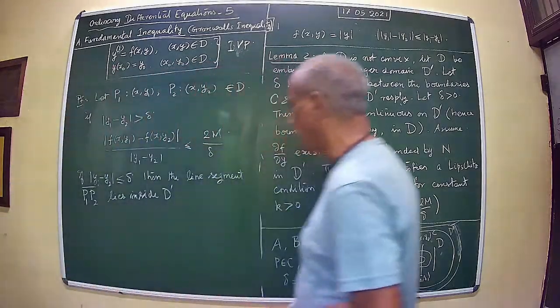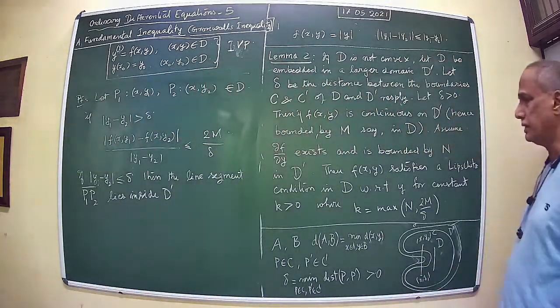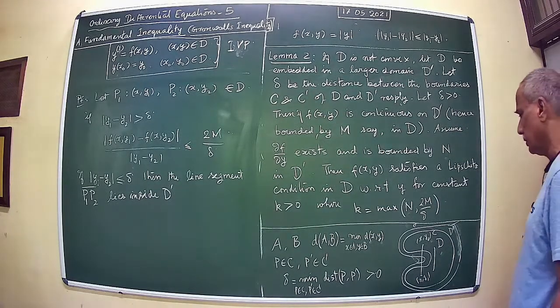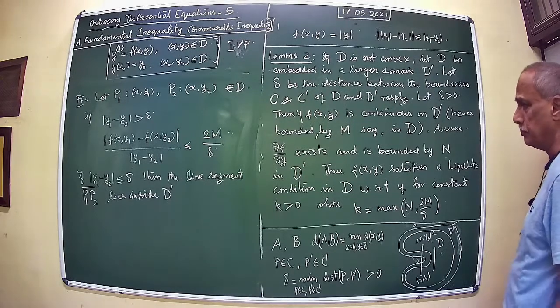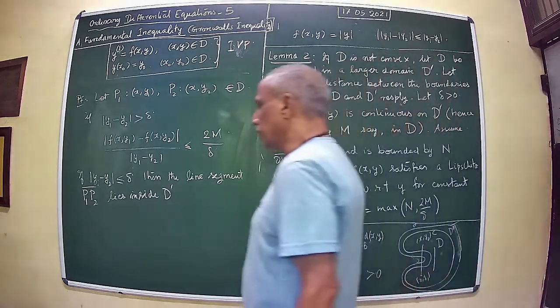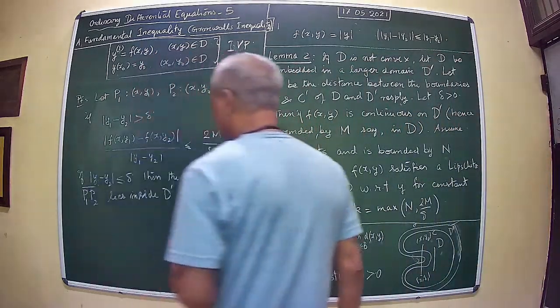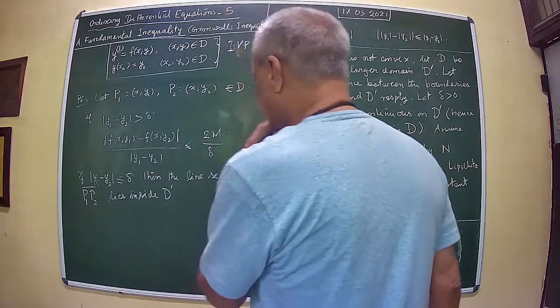So we are not falling back on convexity or anything. And the distance between P1 and P2 lies inside D prime.